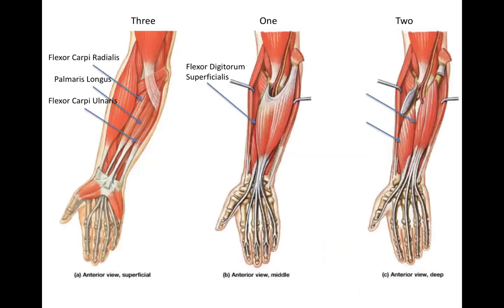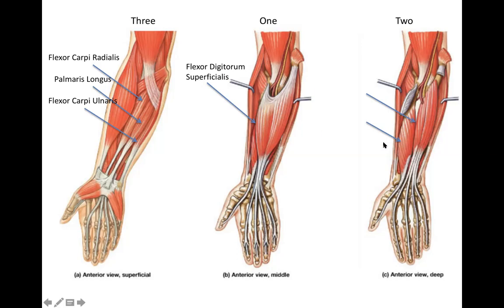All right, so that's the 3-1, and then the last two muscles of the forearm. Again, we're layering this, so we're going deeper and deeper, are going to be two muscles. They're actually going to be the deepest muscles of the forearm because they're attaching to the two forearm bones.